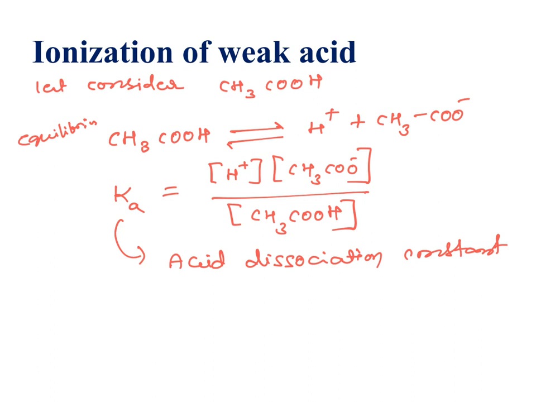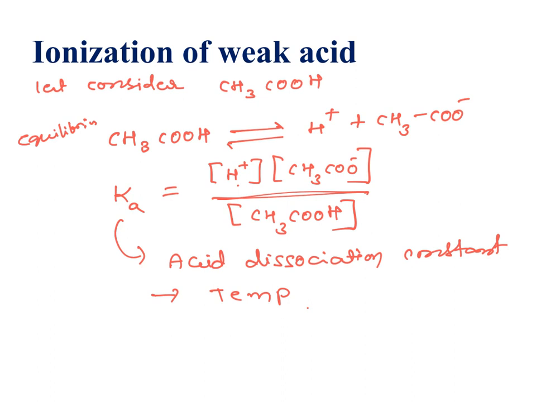So the acid dissociation constant is the product of the concentration of H plus ion and anion divided by the concentration of undissociated acid, equal to a constant. This constant is called the dissociation constant or acid dissociation constant. This value also depends on temperature.